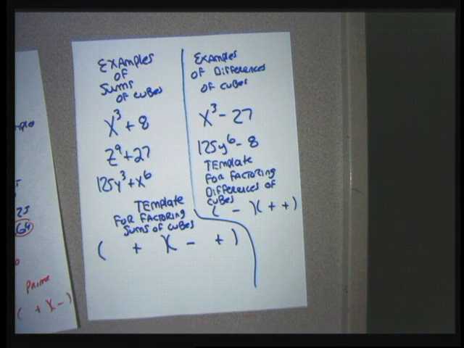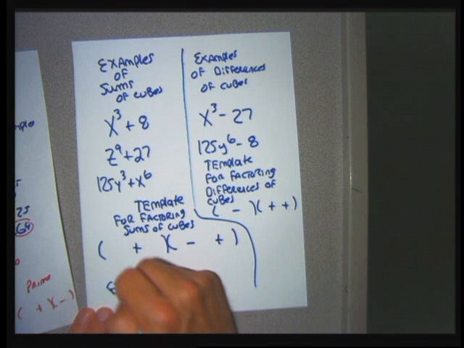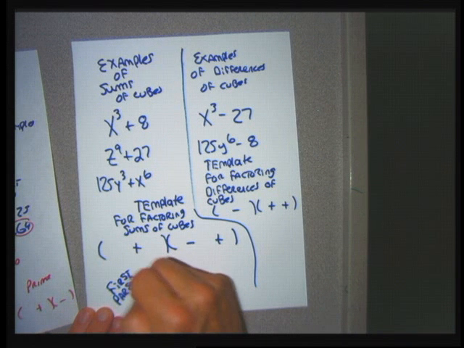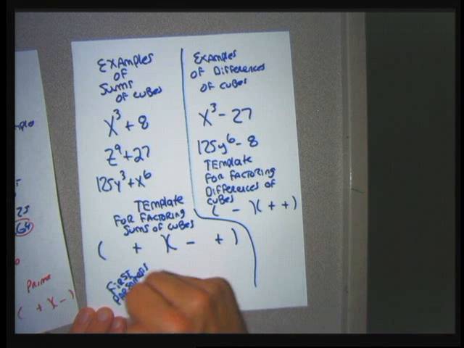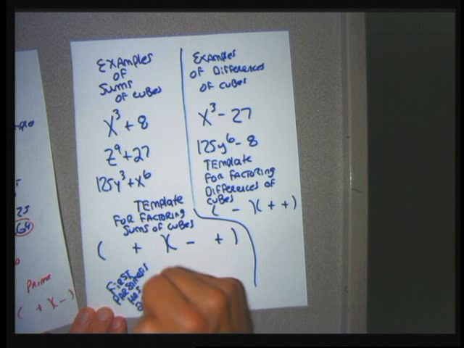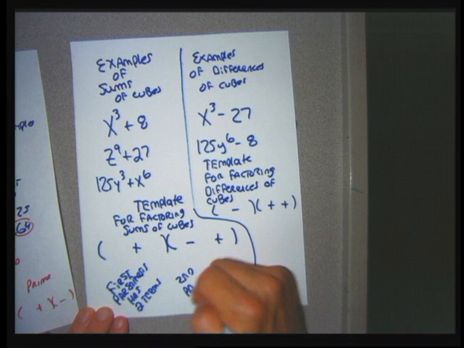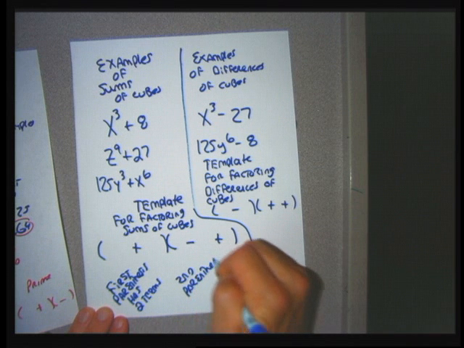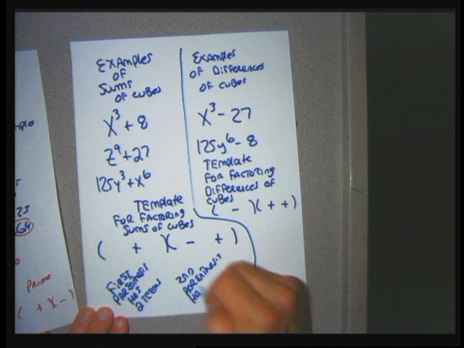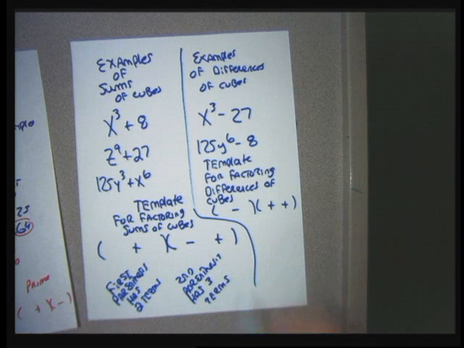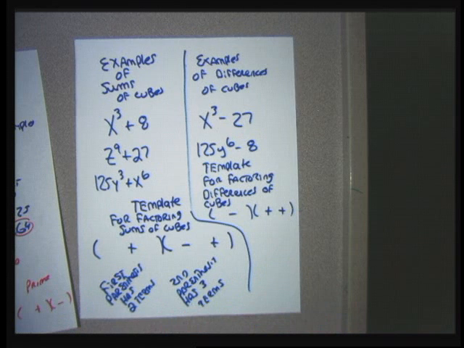The first parentheses has two terms when you factor cubes. And oddly, the second parentheses when you're factoring a cube has 3 terms, which is very strange. It's the only factoring I know that comes out like this.